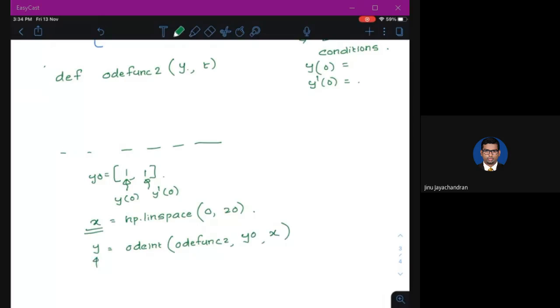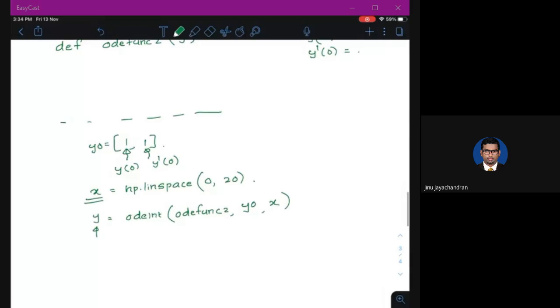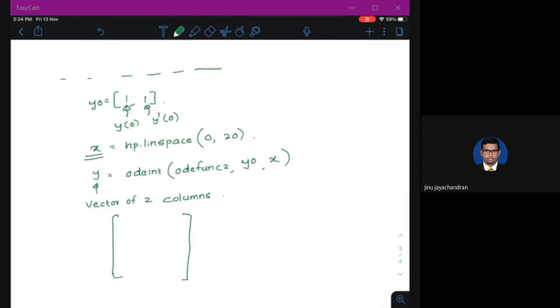And this will be a vector of 2 columns. The first column is the solution of y. Second column is the solution of y dash.